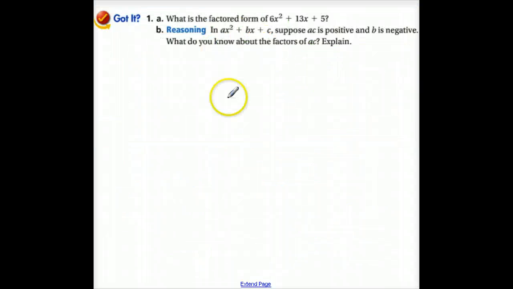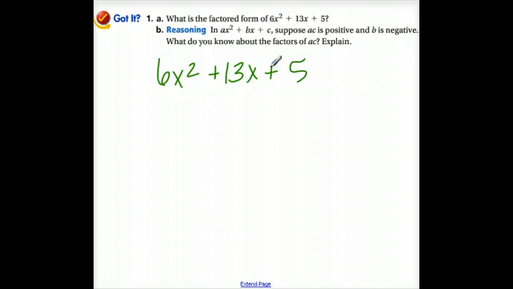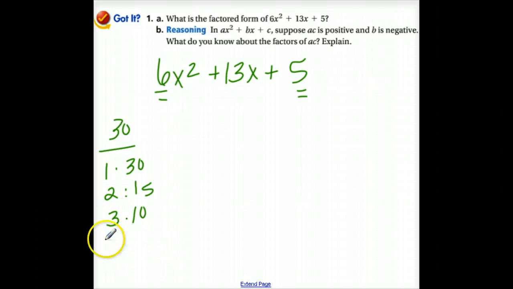Let's do another example. 6x squared plus 13x plus 5. Looking at the product of A and C, 6 and 5 is 30. So numbers that equal 30 when multiplied: 1 and 30, 2 and 15, 3 and 10, 5 and 6.